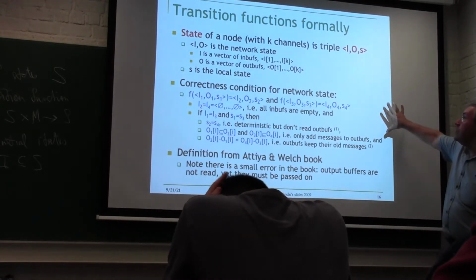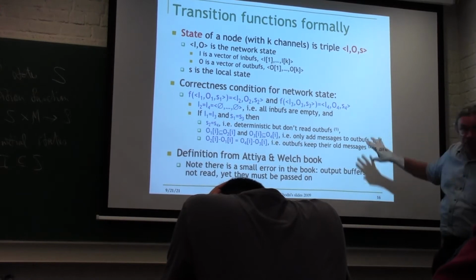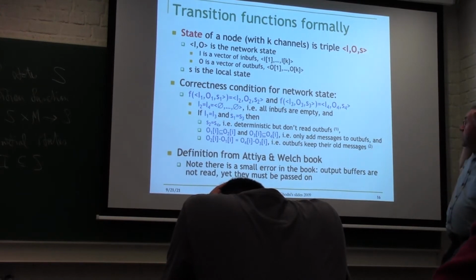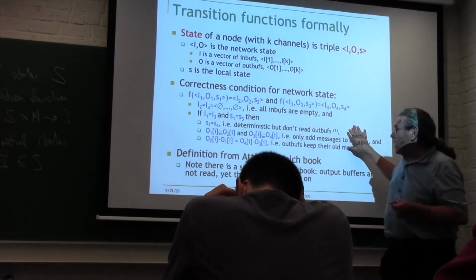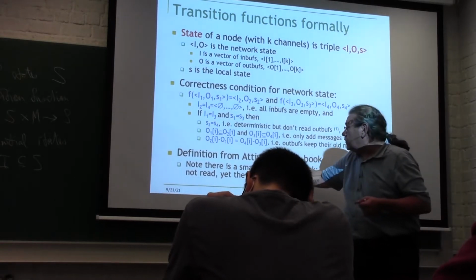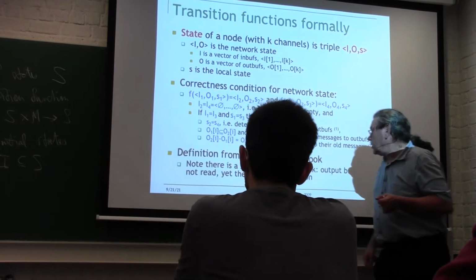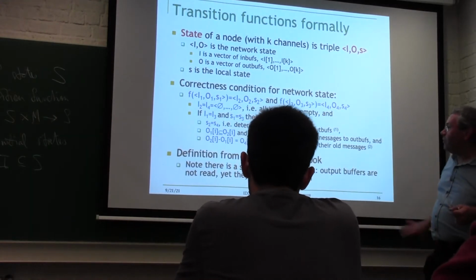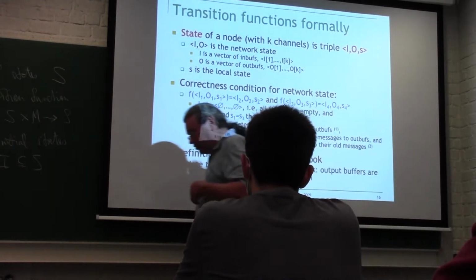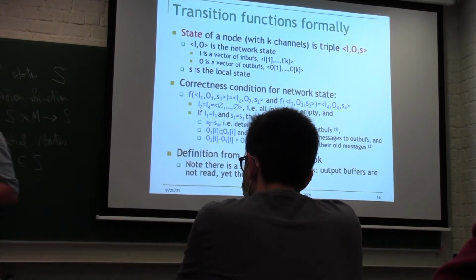So this is the formal definition, but it's just a way of making the intuition precise, okay? So this definition, which I did not invent, comes from a book on distributed systems, which is a famous book by Welch. The book actually has a small error in this definition, which just goes to show that formal definitions are not easy, even for professionals, okay?